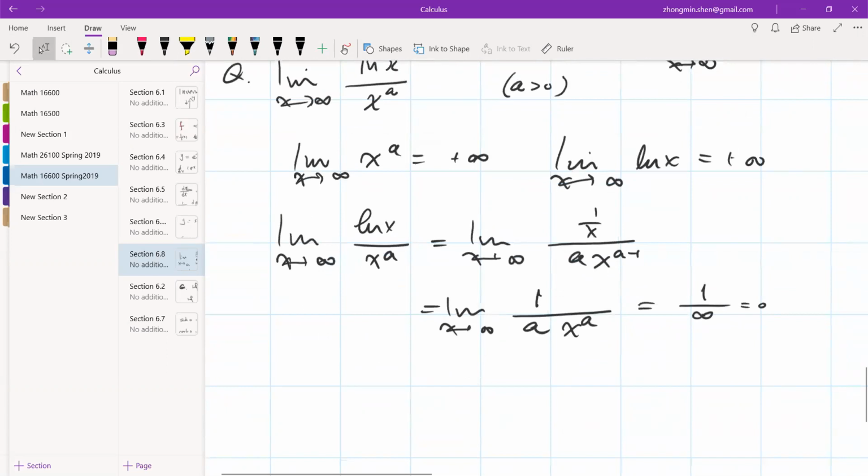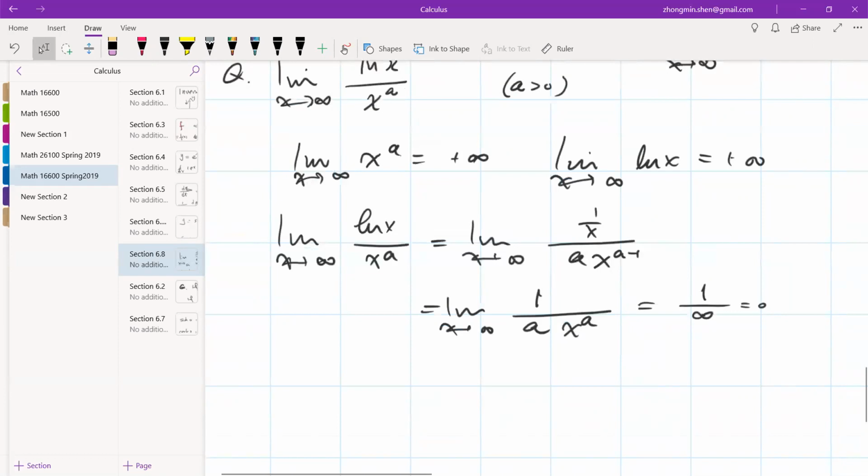So that means the natural log of x grows slower than any power function with a positive power, because the quotient approaches 0. We are always trying to compare different functions. How fast do they grow? Which one grows much faster? Then you have a sequence.